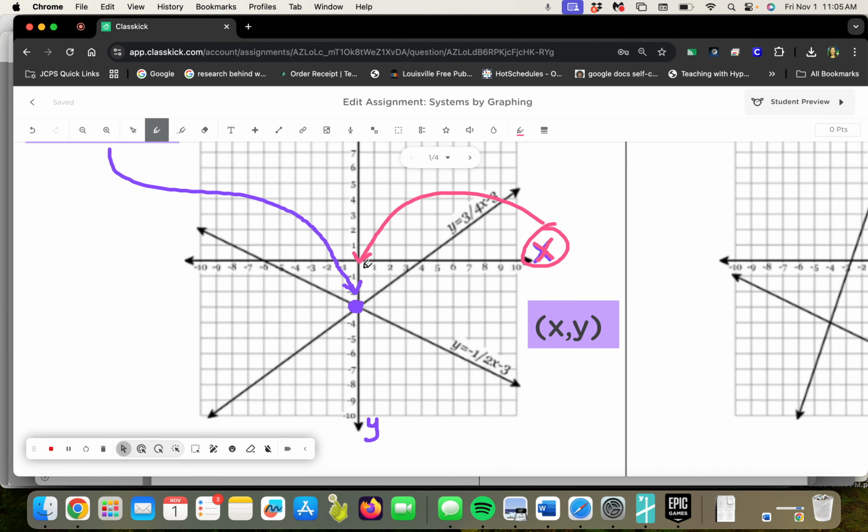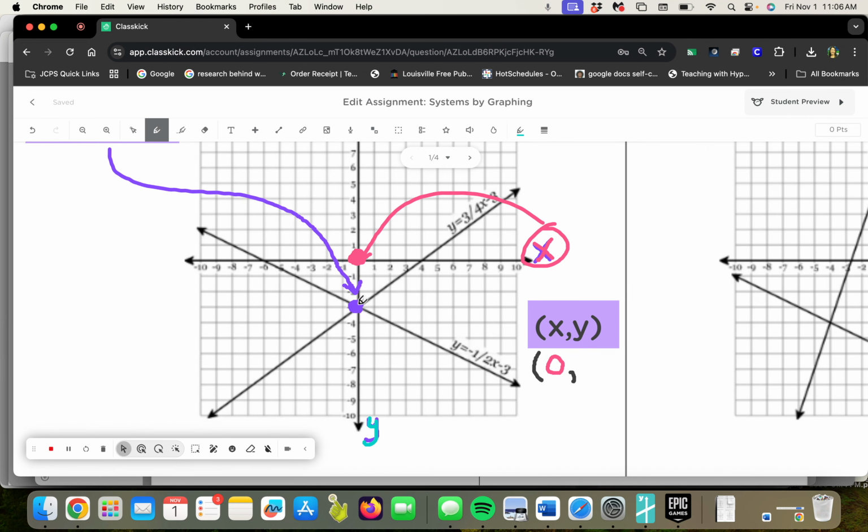And what is my x-coordinate? Well, this coordinate lines up right here in the middle of the x-axis. So that coordinate is a 0. Then I need to look and see what my y-coordinate is.